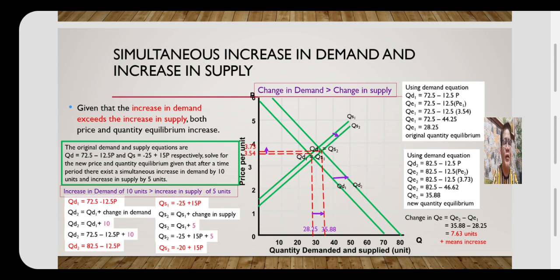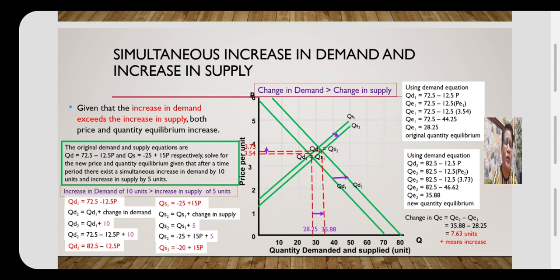QE sub 2 is the new quantity equilibrium, and QE sub 1 is the original quantity equilibrium. So QE sub 2 of 35.88 minus QE sub 1 of 28.25 will now give us a value of 7.63 units.